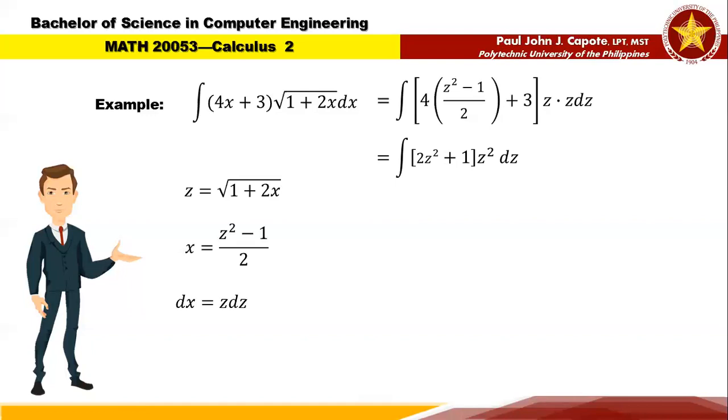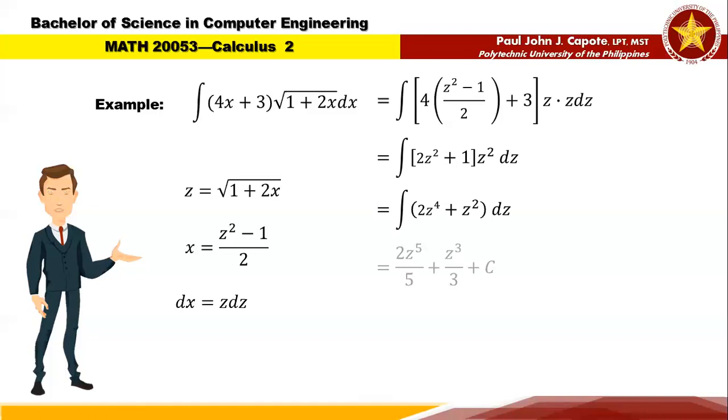Manipulating algebraic terms, we get the integral of the quantity 2z squared plus 1 times z squared dz. Using the distributive property, we get the integral of the quantity 2z raised to 4 plus z squared dz.